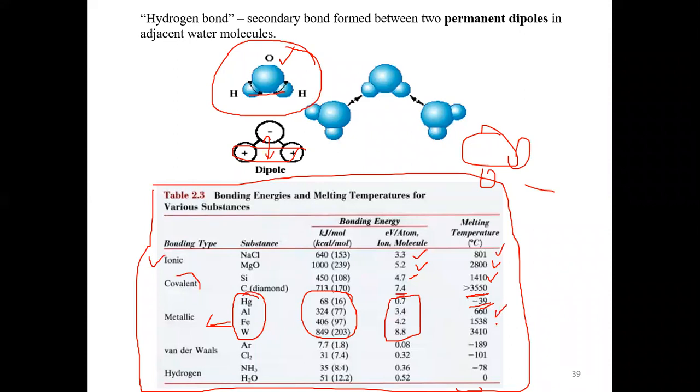For iron, it is 1538 degrees Celsius. And tungsten has very high energy, and its melting temperature is 3410 degrees Celsius. That is why you might have noticed that tungsten wire is used in a light bulb. You see that nowadays we have LED bulb.